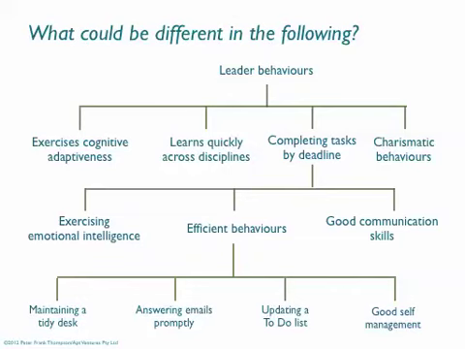So take some time to look through this one and see what could be different. It gets interesting when we start to talk about things like leadership. So we've started here with leader behaviours. And the suggestion we're offering is that there are 2 things that might be better placed in different positions, or 2 things that we could swap.